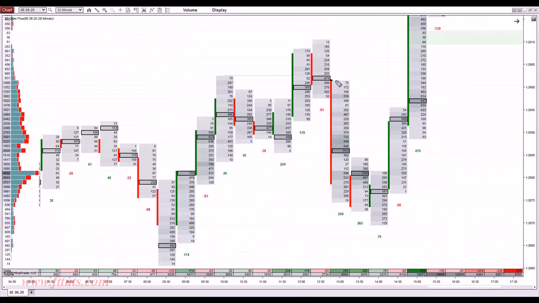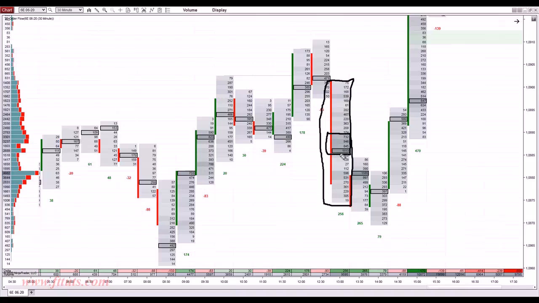So if you look, for example, at this footprint, the place where the footprint is darker is where the volumes were heavy. You can tell also by the numbers, but usually you want to read the footprint chart quickly, so you just look at the shades. Alright, that's why I made it like this. The higher numbers, the darker the shades are.